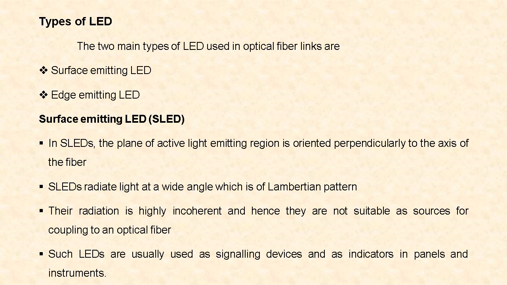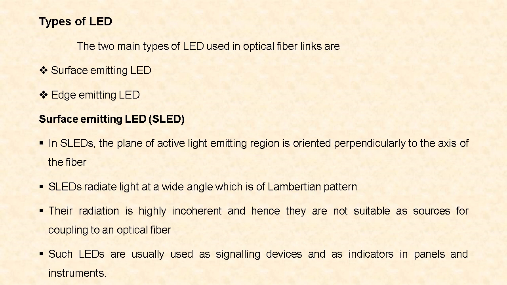In this, light is emitted from the surface of the LED, and this surface from which active light is emitted is oriented perpendicular to the axis of the fiber. Surface emitting LEDs radiate light at a wide angle and this radiation is of Lambertian pattern.